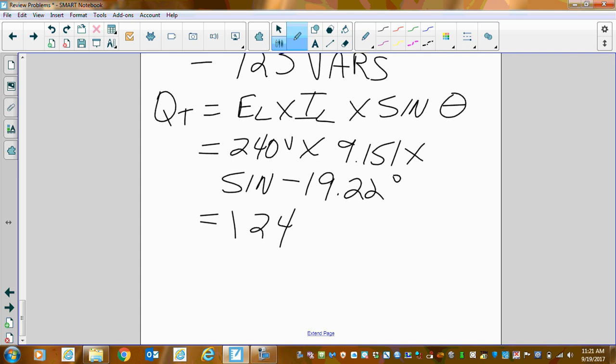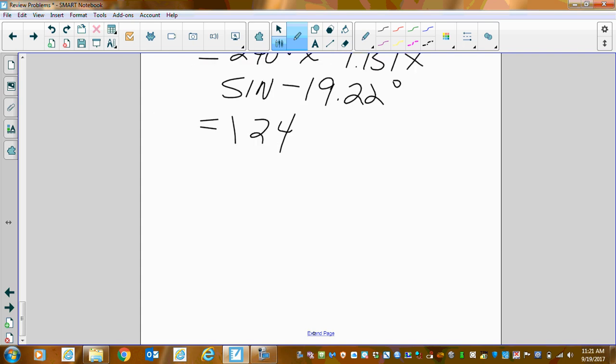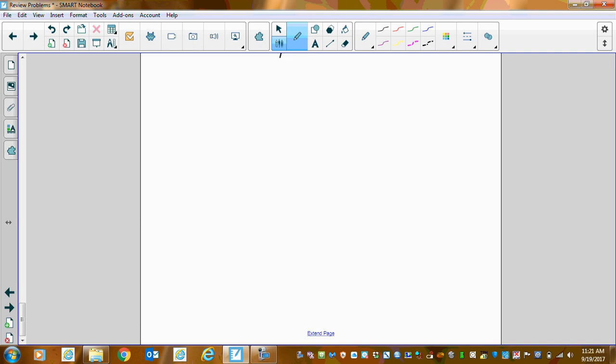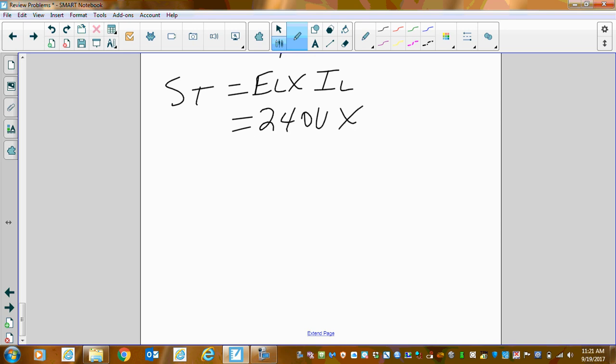Okay, so that brings us to S total. So S total is simply E line times I line. And so we should be 240 times 9.151 amps.